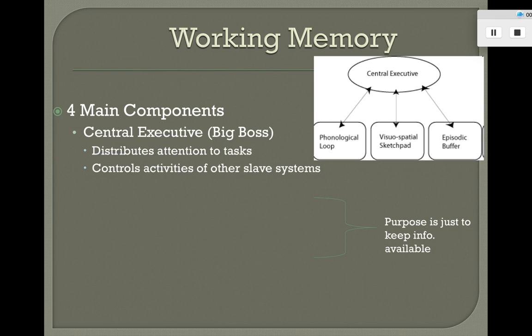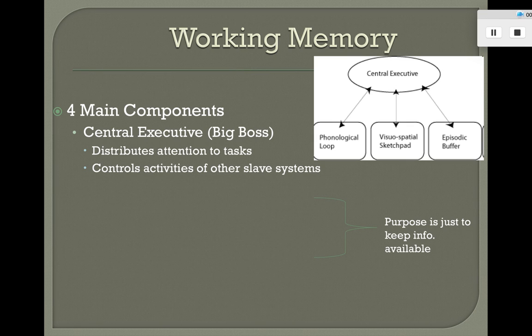So in terms of the four components of the working memory model, the very first one, and I think the most important one that we have to talk about, is what we call the central executive. I also like to call the central executive the big boss, because this is the one who distributes attentional resources to the specific task of interest. Ultimately, the central executive controls what we call the slave systems.